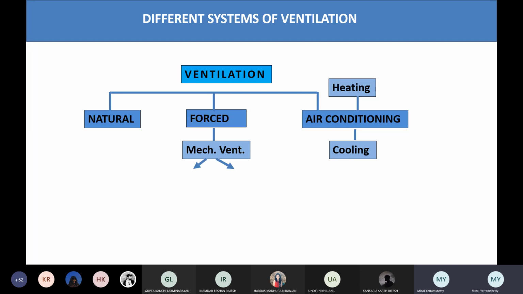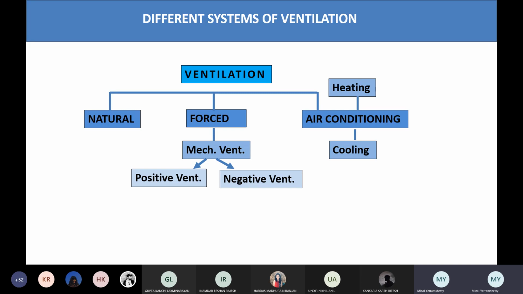In mechanical you have positive and negative. Now when I say negative ventilation, it means I am taking the air away from the building and creating a negative pressure there. That's negative ventilation. When I say positive, I am throwing air into the space and creating positive pressure there, making it more fresh. That is called positive ventilation.